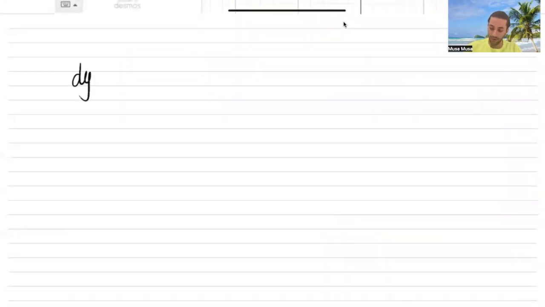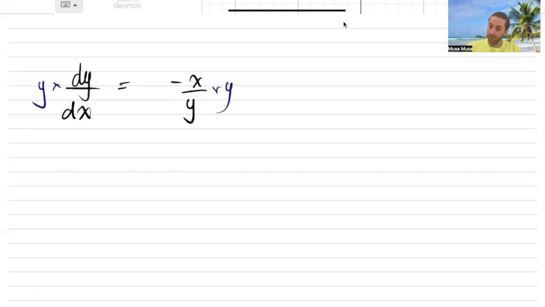So dy on dx equals minus x over y. This is separable. So I'd like you to have a go at finding the solution to this, and once you have, get back to me. Now, I'll do this as well.